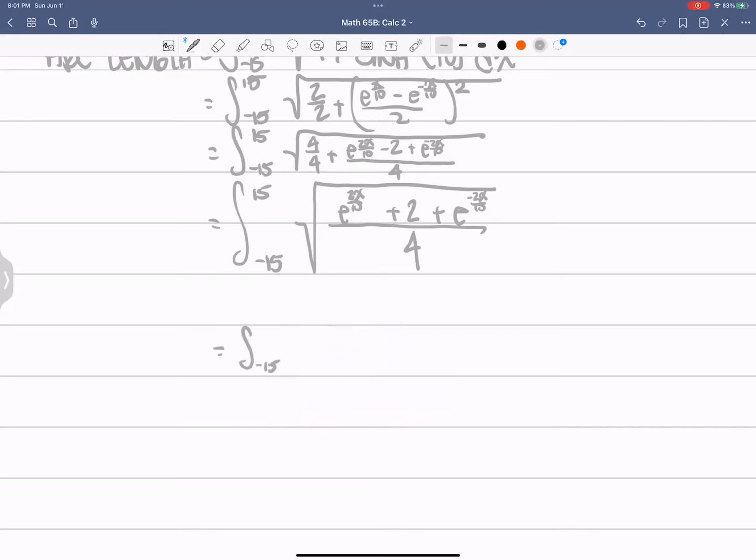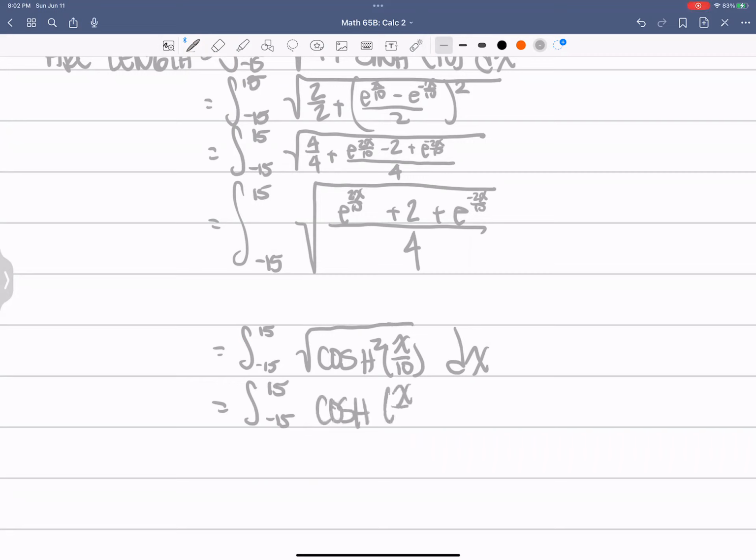So from negative 15 to 15, the square root of hyperbolic cosine of x over 10, squared, dx. The square root of something squared is itself, so we have the integral of hyperbolic cosine of x over 10 dx.